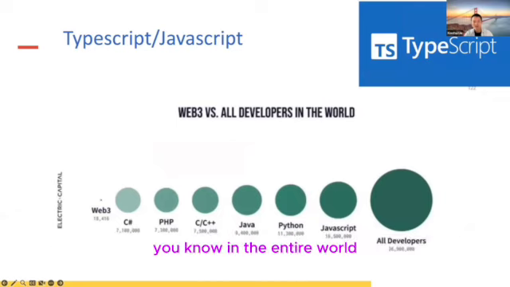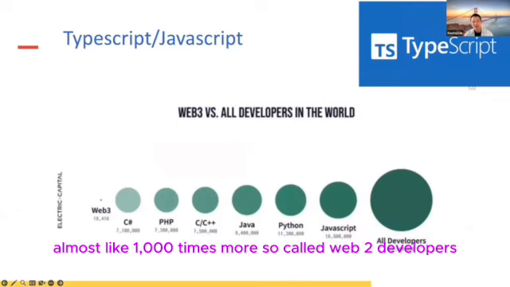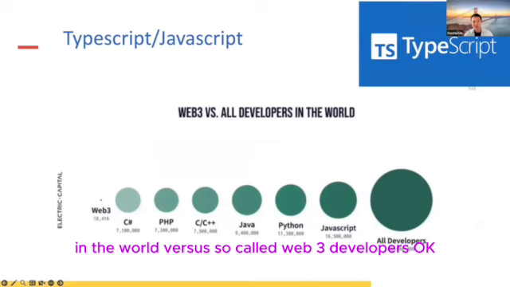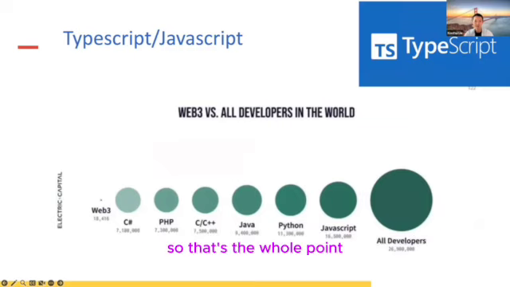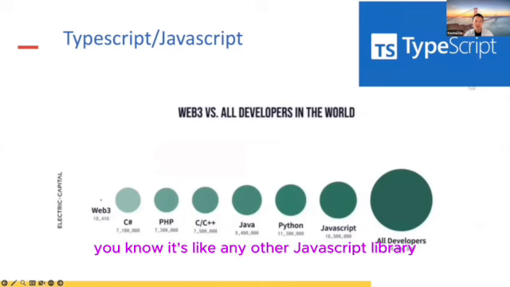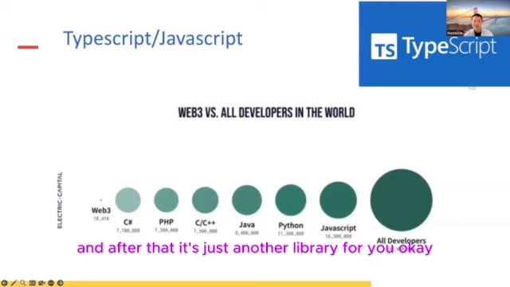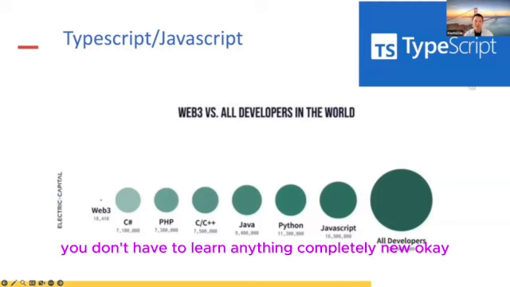Because in the entire world there are almost 1,000 times more so-called Web2 developers than Web3 developers. We're talking about tens of millions versus tens of thousands. That's the whole point. It's like any other JavaScript library. You can npm download it, and after that it's just another library for you. You don't have to learn anything completely new.